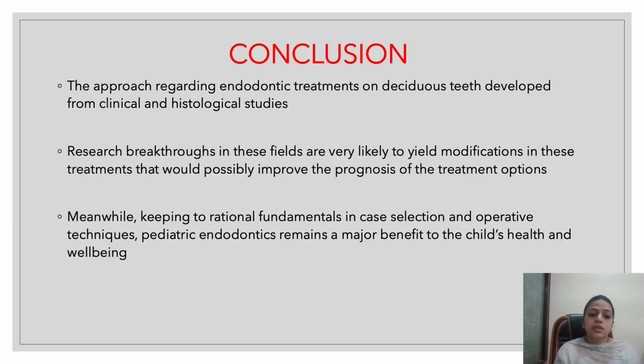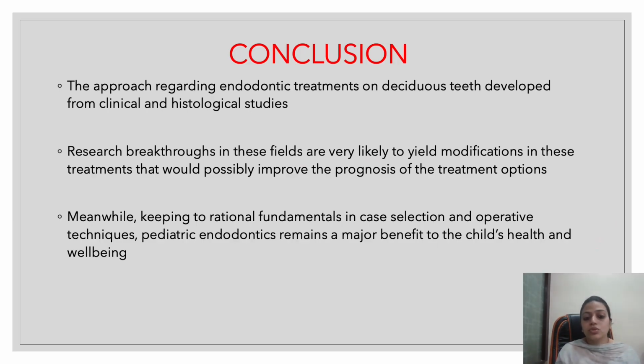Okay, see, the main approach regarding endodontic treatment on deciduous teeth or primary teeth is developed from the clinical and histologic studies. There are research breakthroughs in these fields which are very likely to yield modification in these treatment approaches that would possibly improve the prognosis of all these treatment options.